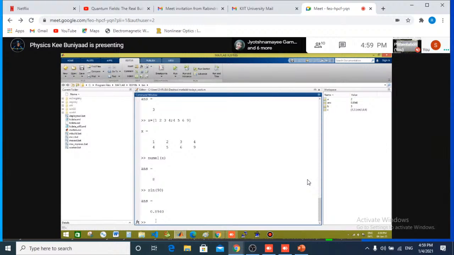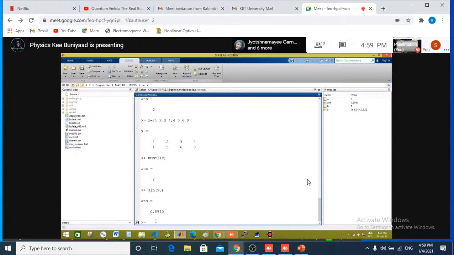The value is for 90 radians. Had it been degree, it would have been 1. With sind 90, it will give you 1, the result in the form of degree. Now it is in degree, so it is 1. Otherwise it was in radian.